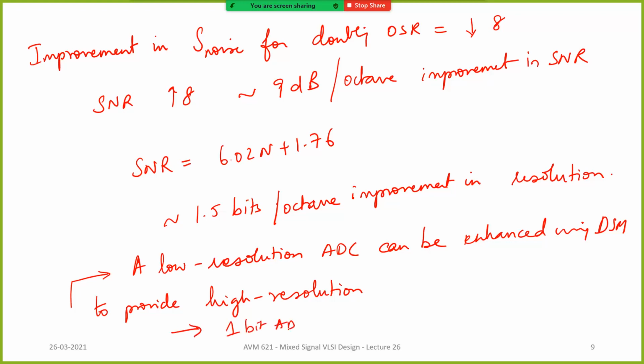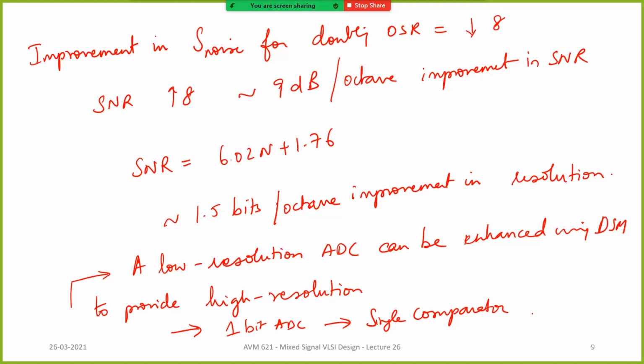What is a 1-bit ADC? Come on, guys. What is a 1-bit ADC? Inverter. Comparator, right? A 1-bit ADC is a single comparator. So you can use even a single comparator, a 1-bit ADC, and achieve a multi-bit resolution, which is what people have done.